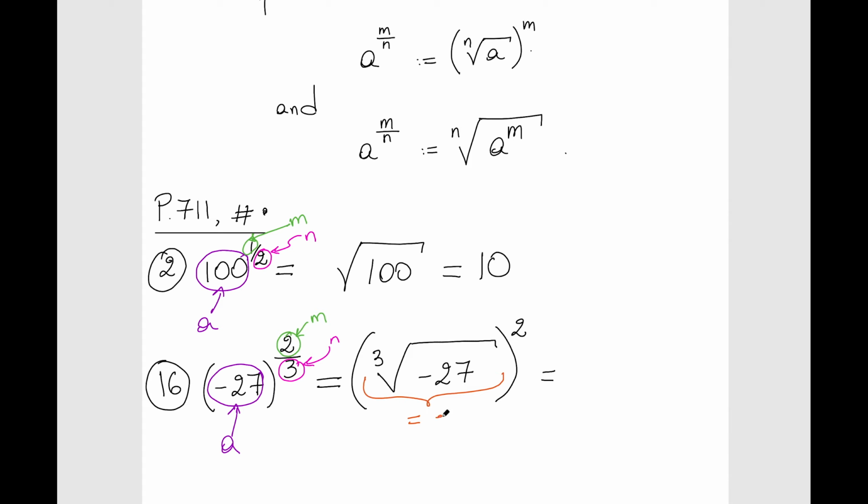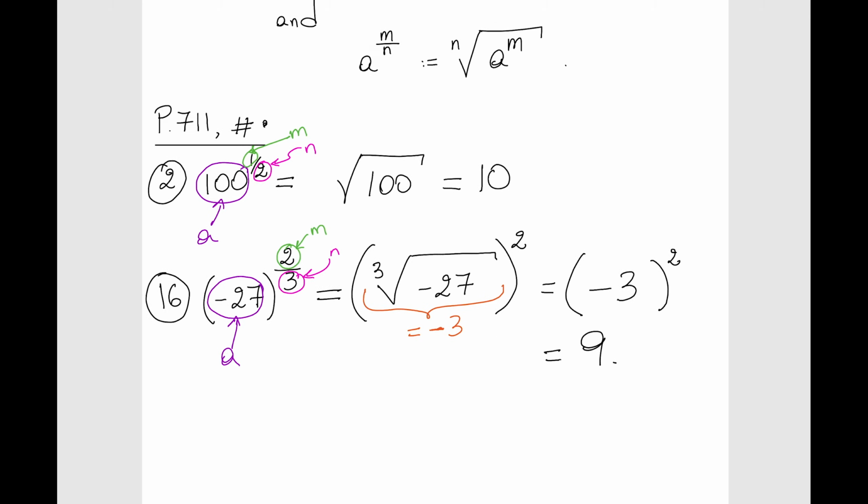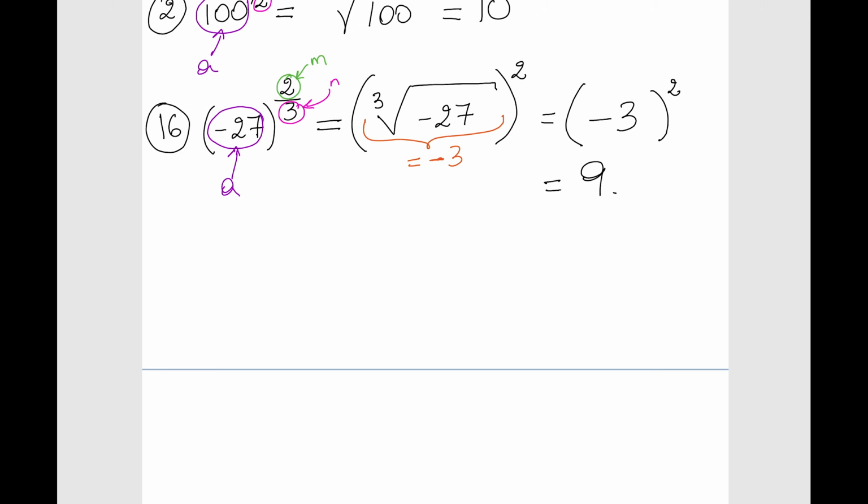This number is -3, right? -3 times itself 3 times is -27. So this then becomes (-3) squared. And (-3) squared is simply 9, because it's -3 times itself. Okay. All right, let's do another problem.